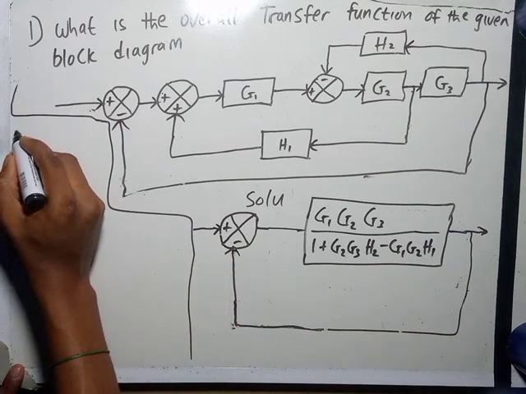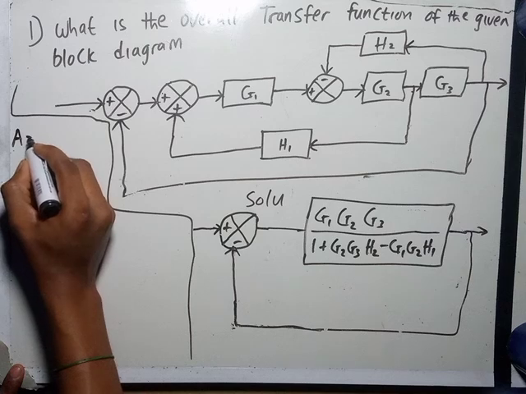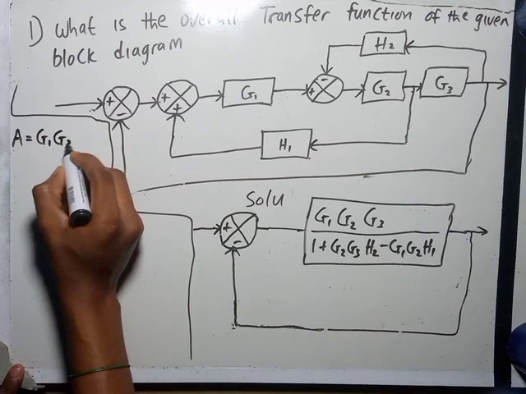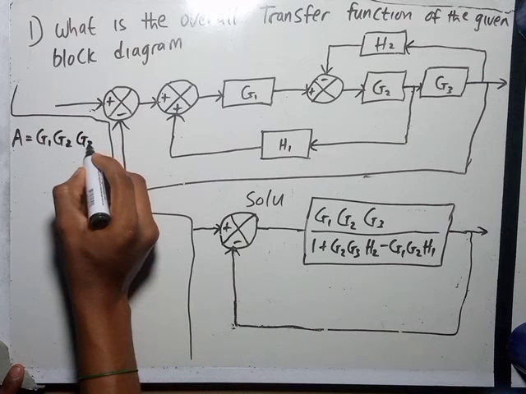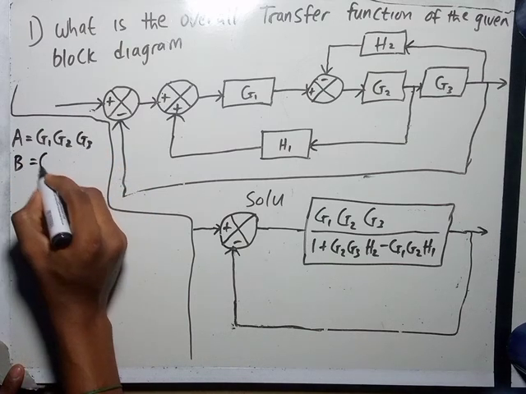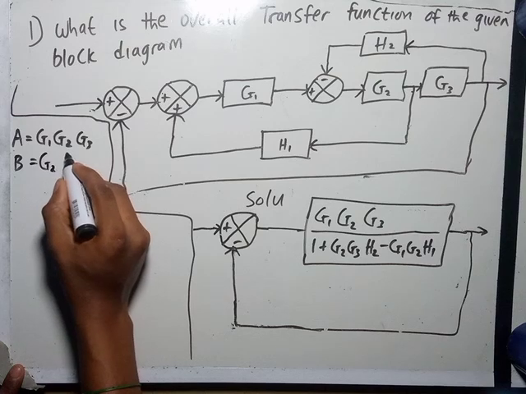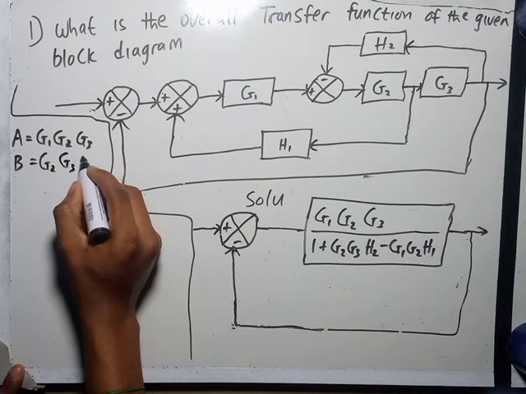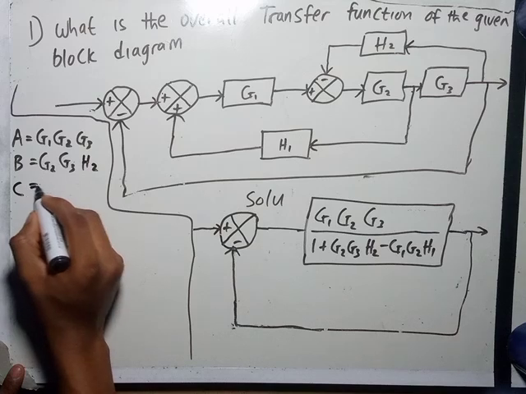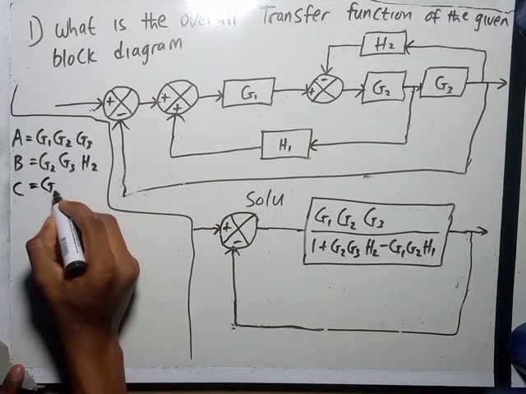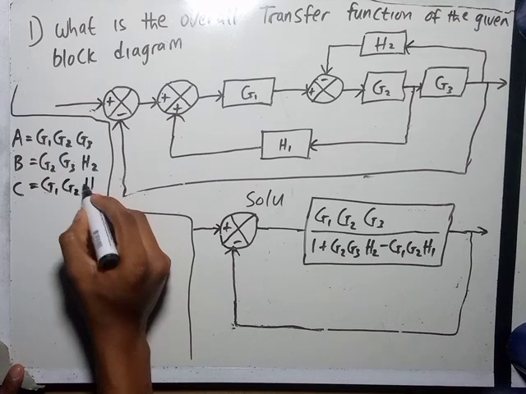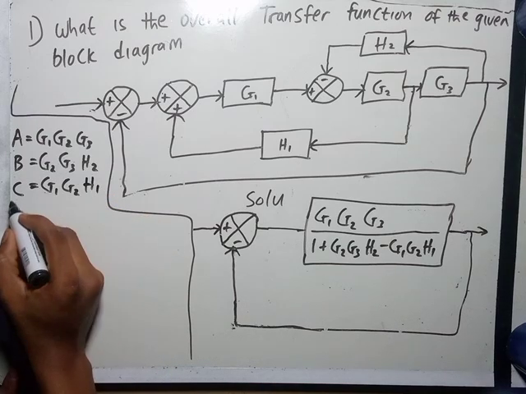Let's say that A is equal to G1, G2, G3. B is equal to G2, G3, H2. And C is equal to G1, G2, H1.